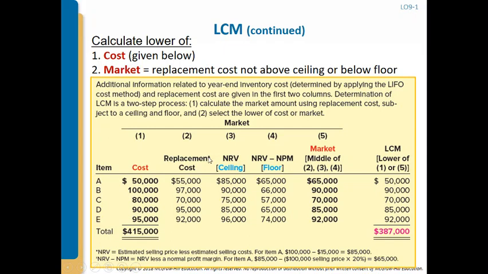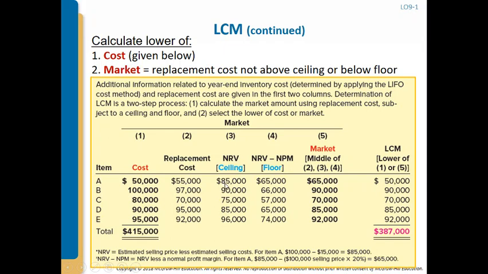And you're going to compare that number with NRV in column 3 and NRV minus NPM, net profit margin, in 4. And whichever of the three is the middle number in all three of these is the number you pick as being market. So in this, for item A, you have replacement cost of $55,000.